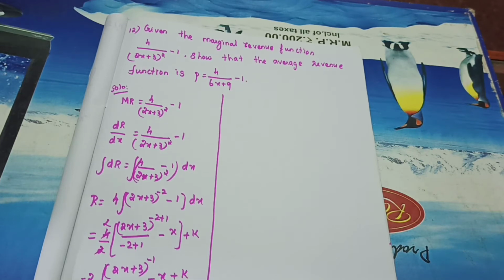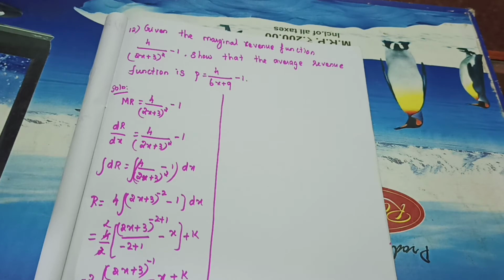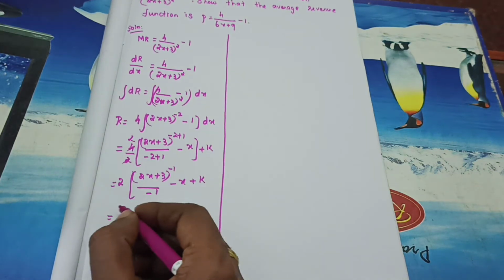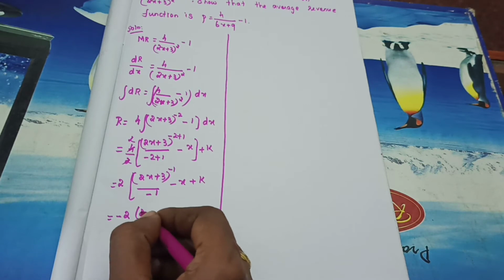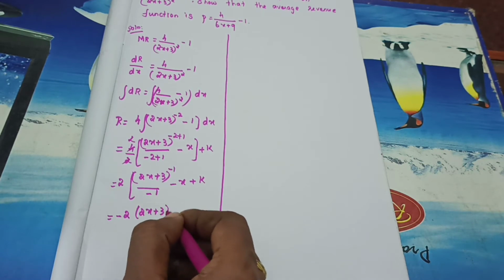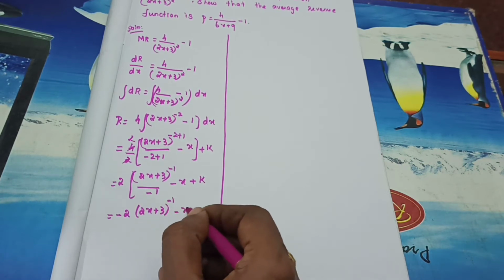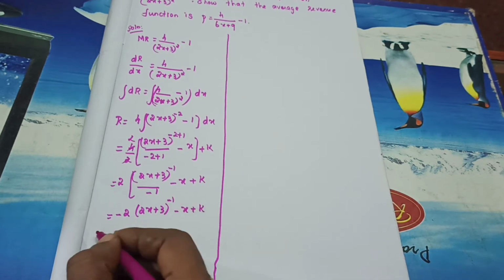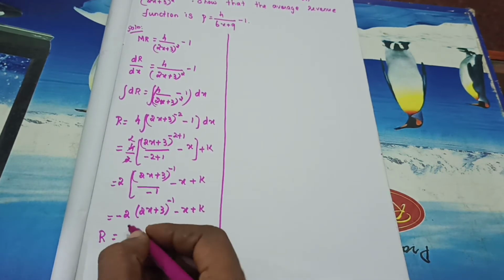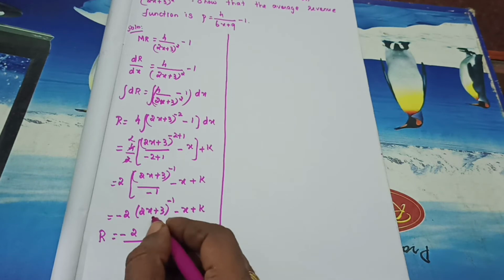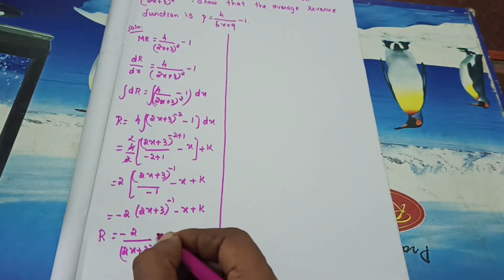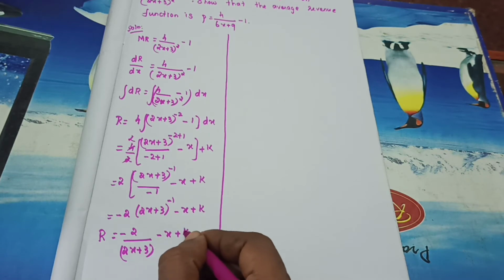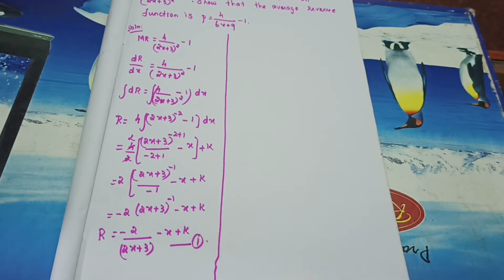Okay, so what will happen? You can bring this minus 2 here. So minus 2 into 2x plus 3 the whole power minus 1 minus x plus k. So R is equal to minus 2 divided by 2x plus 3, minus x plus k. Take it as equation number 1.